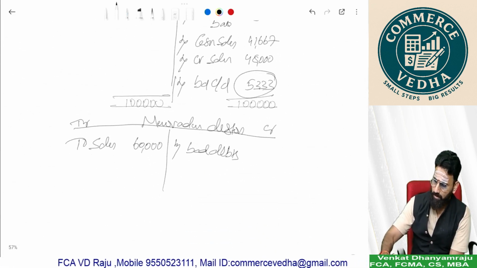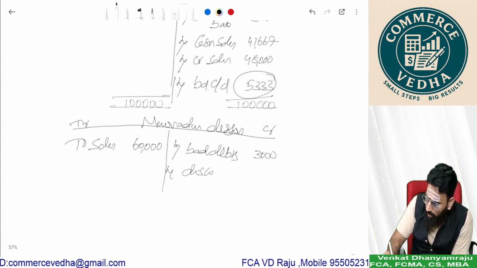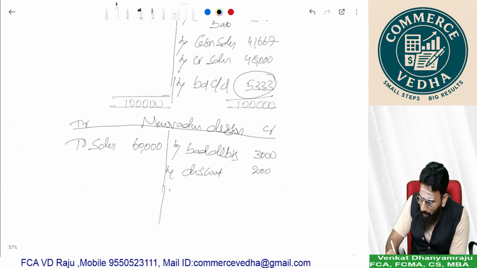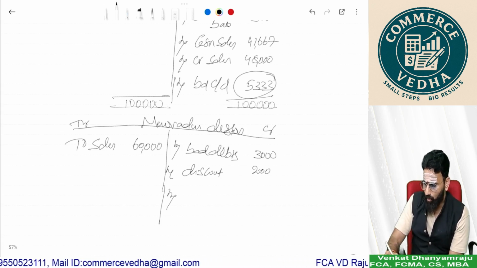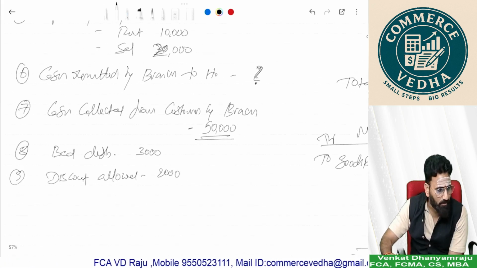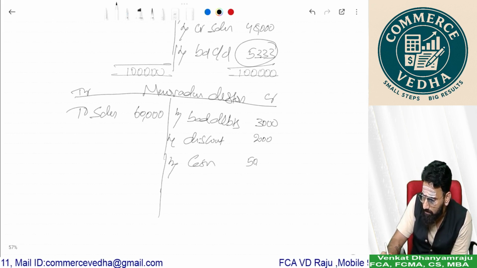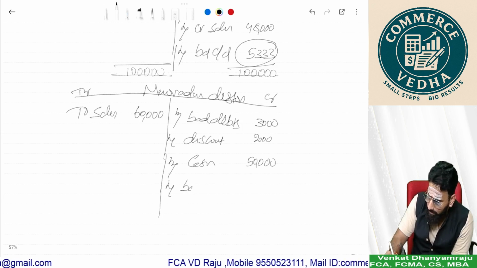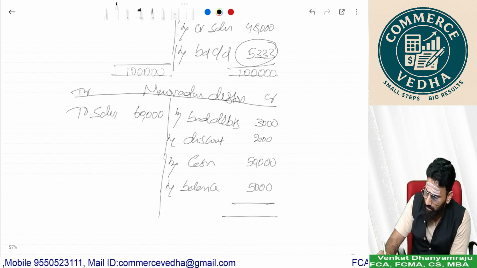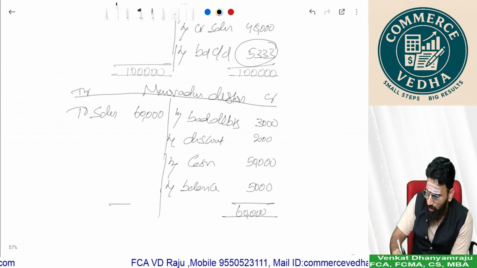So coming here, bad debts 3,000, by discount 2,000. These are not accounts, memorandum, working notes only. And you know what is the cash collected, right? Cash collected from customers is 50,000. They paid you 50,000 by cash. So by balance is 5,000. So the customer balance is 5,000. These two are very, very important to prepare.